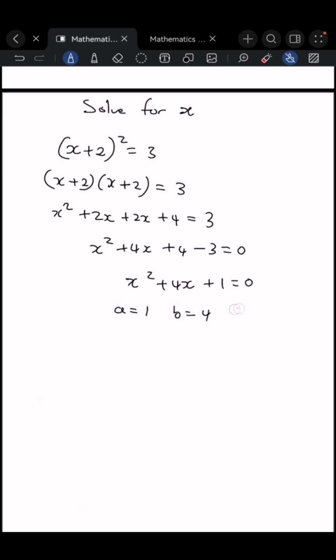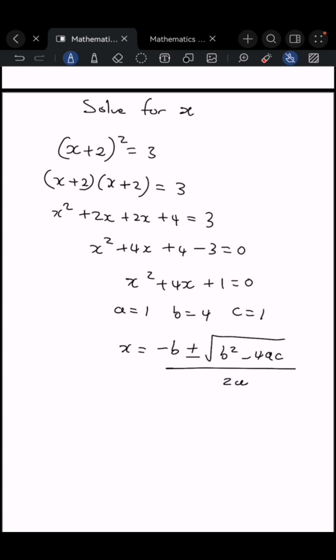Where a is equal to 1, b is equal to 4, c is equal to 1, where x is equal to minus b plus or minus the square root of b squared minus 4ac, all divided by 2a.